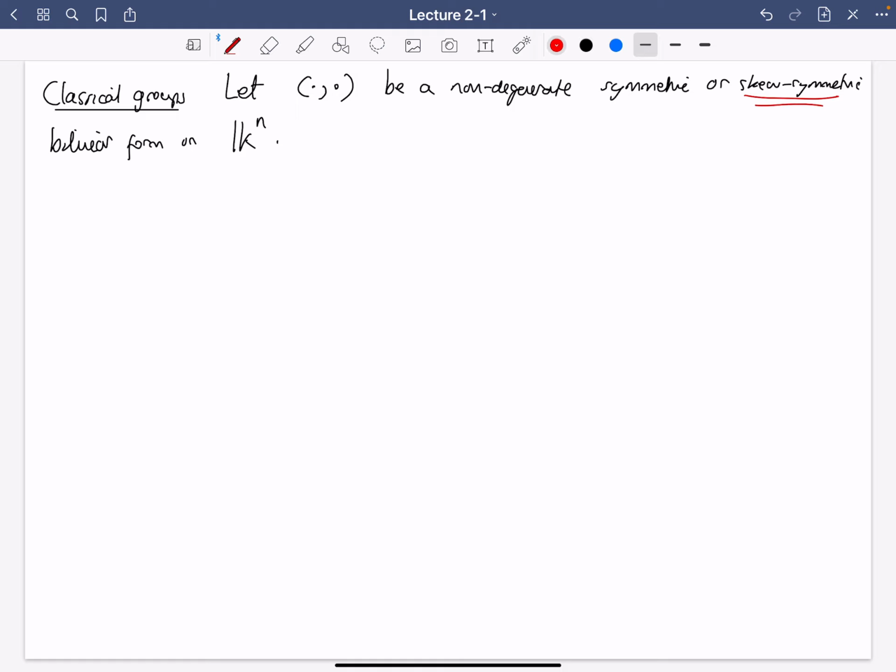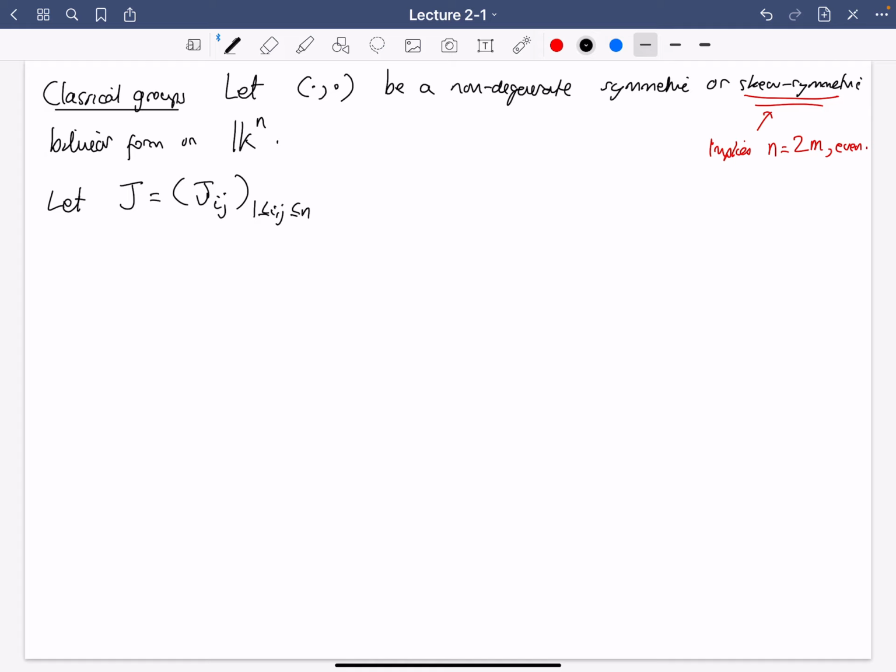In the skew-symmetric case, the existence of a non-degenerate skew-symmetric form implies actually that this n has to be even, so you can write n is 2m, so that it's even. Let J, capital J, be the n by n matrix with ij entry just J_ij there.